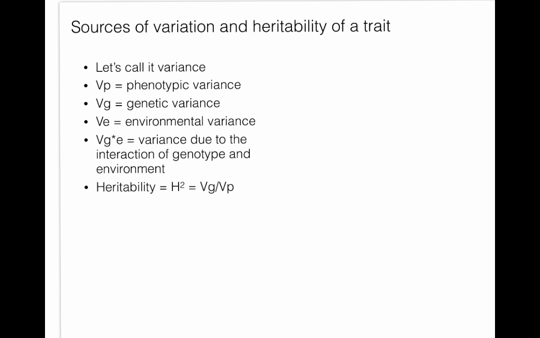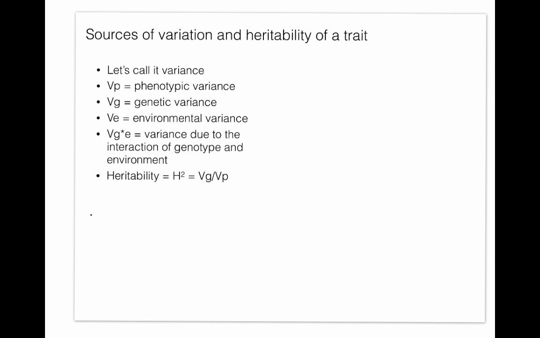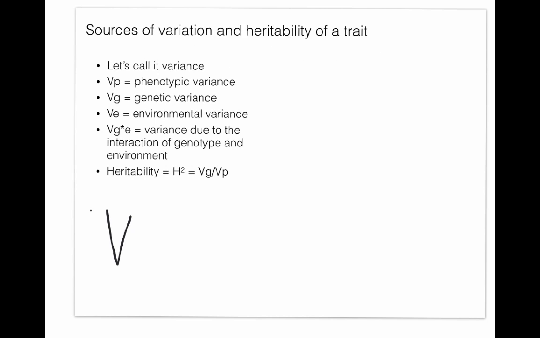So let's break down the possible sources of variance. The total variance in a population is going to be called the phenotypic variance, VP. And VP, we can determine, has a genetic component.